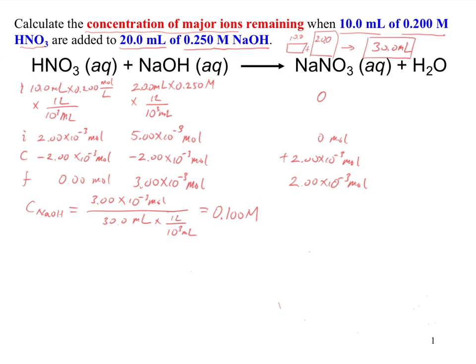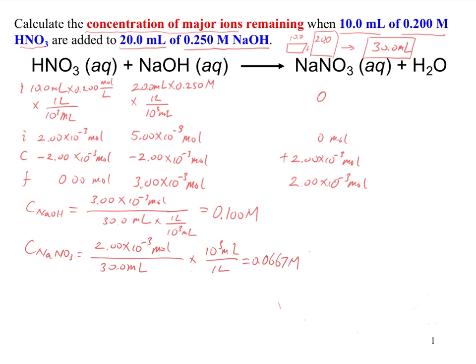Similarly, we have the concentration of sodium nitrate as 2.00 times 10 to the negative 3 mole over 30.0 milliliter. I'll do the conversion a little bit differently, probably easier to see, and that gives us a concentration of 0.0667 molar.